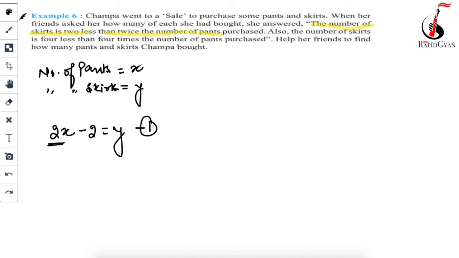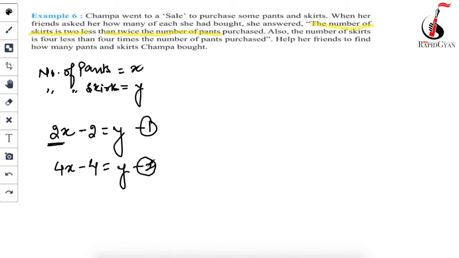What will be your next equation, beta? The next equation says that the number of skirts is 4 less than 4 times the number of pants purchased. Means 4x minus 4 is equal to, correct, 4 less than 4 times the number of pants purchased. 4x minus 4 is equal to, again, y.